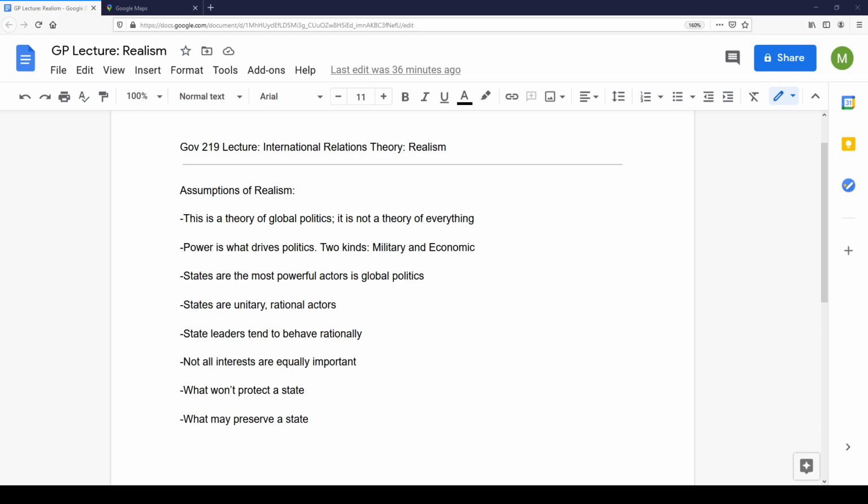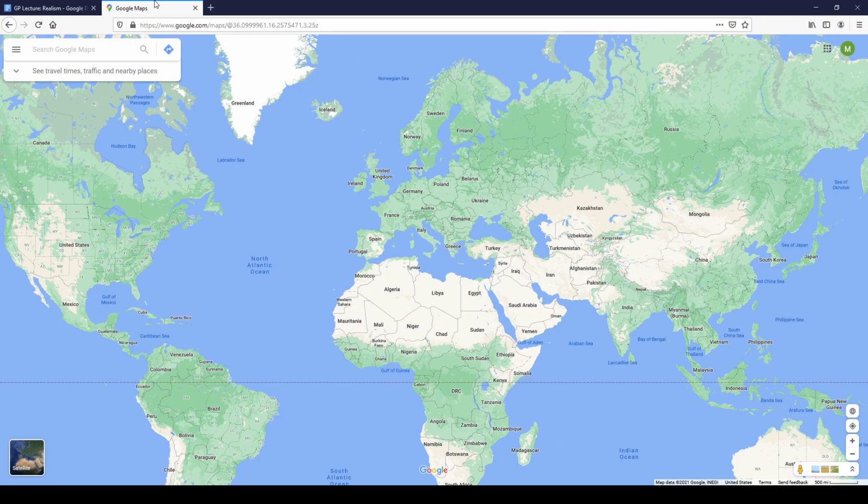This next point is that what we call states are the most powerful actors in the global system. So very quickly, I'll just remind you of this map that I've had up in the back for some time. There's no requirement that states be the political units that are the most powerful.